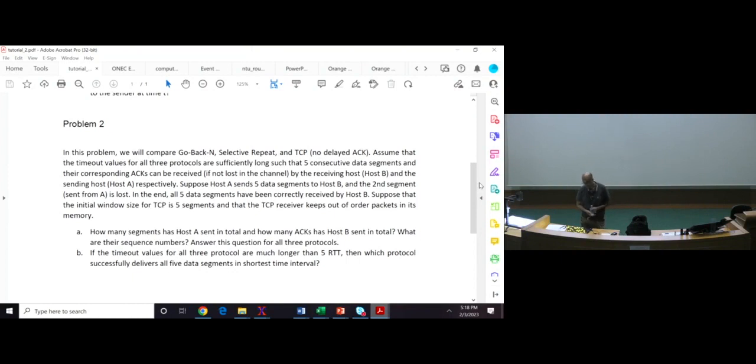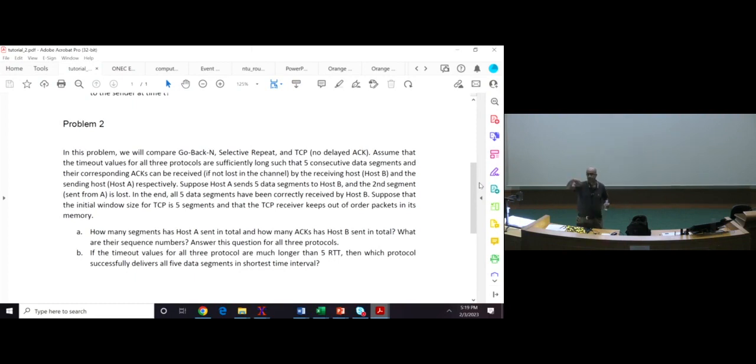And suppose host A sends 5 data segments or packets to host B, and then the second segment or packet is lost. So I'm sending 5, the second one is lost. In the end, all 5 data segments have been correctly received.